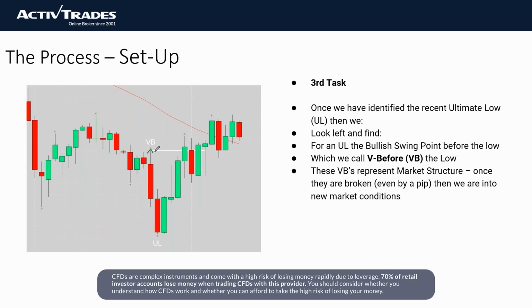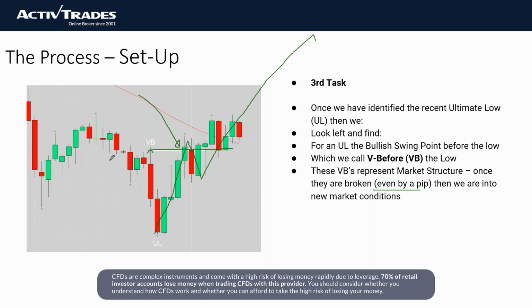What we're looking for is, when you project that level forward and price trades through it, as it does here, by even a pip, then we're into new market conditions. This might provide us with an opportunity to get into what could be the new uptrend. This is the opportunity to enter it at its earliest point.